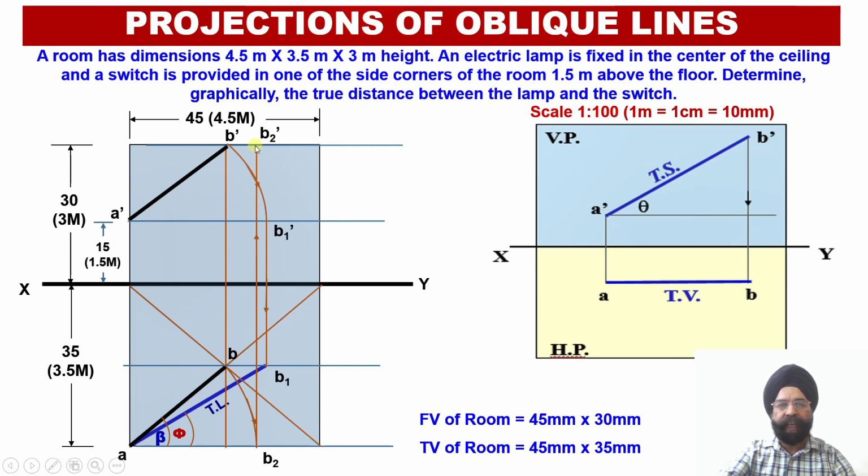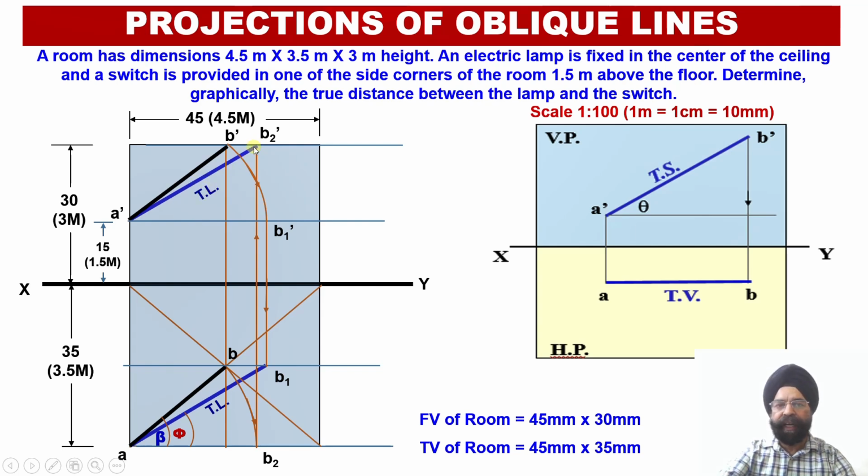Now we are going to join A dash B2 dash, and this line A dash B2 dash is the true length of the line in the front view.